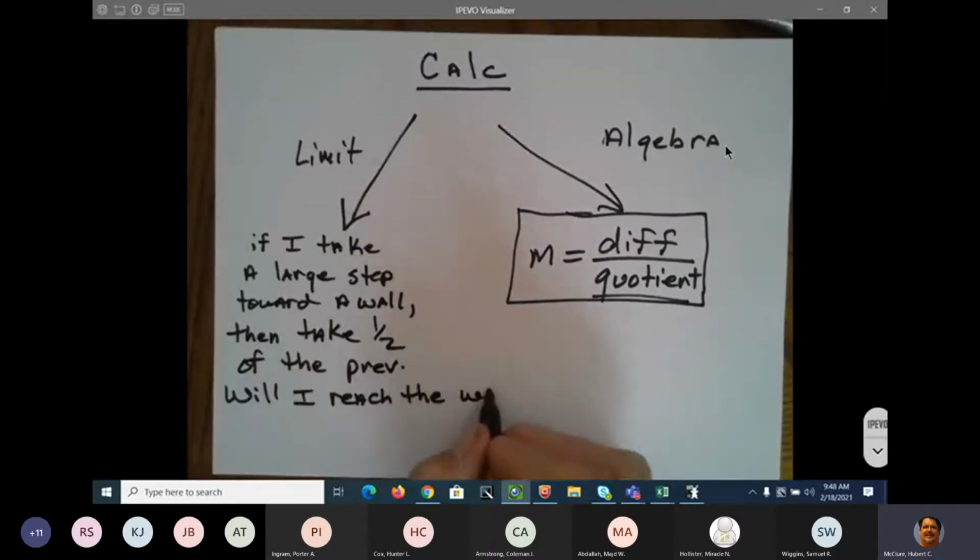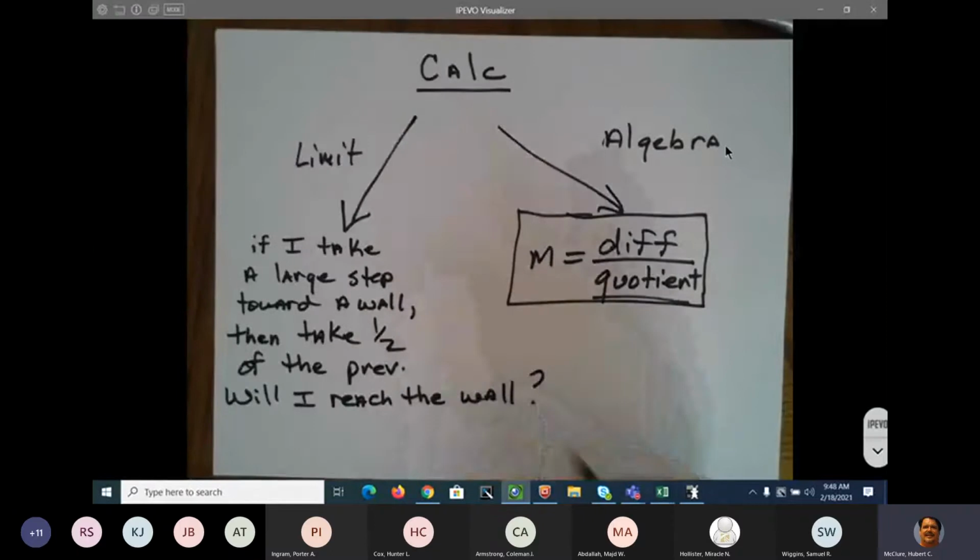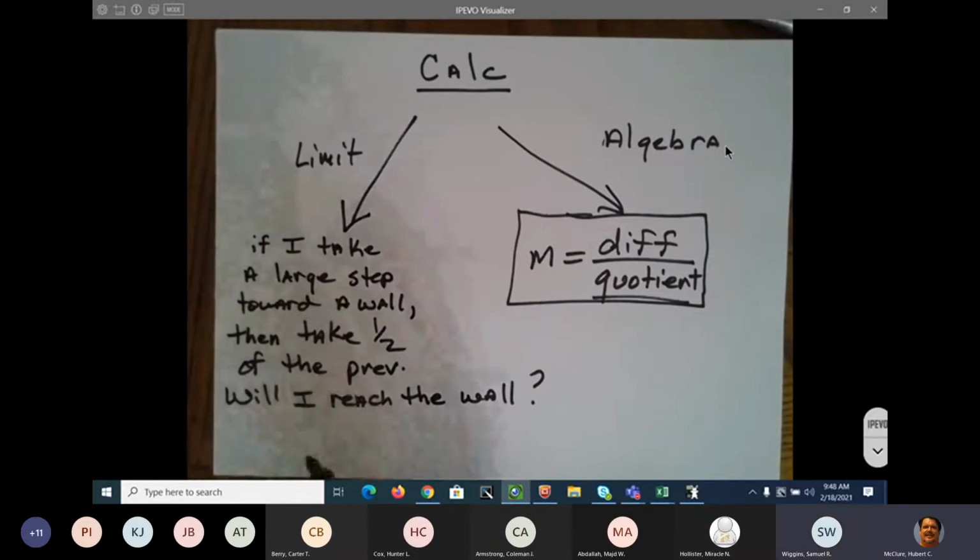Yes or no? You will get infinitely close to the wall, but you won't reach it. Yes, you will get very, very close to the wall, but you never will touch it. Okay, now that's the limit theory.